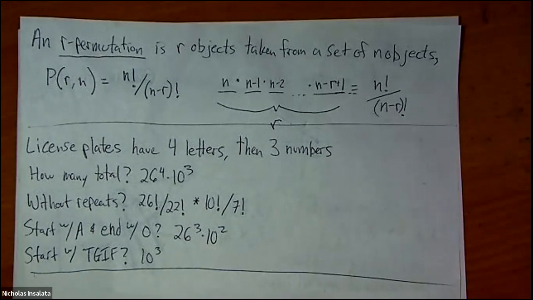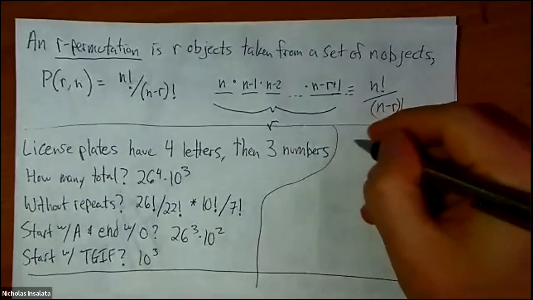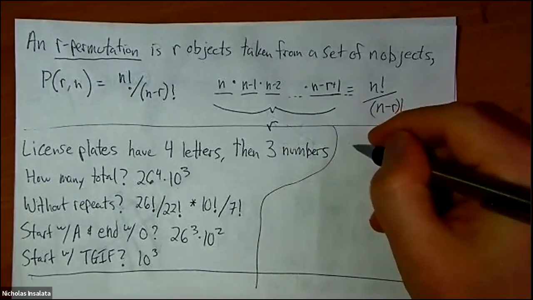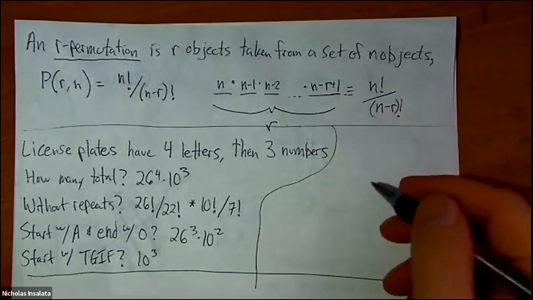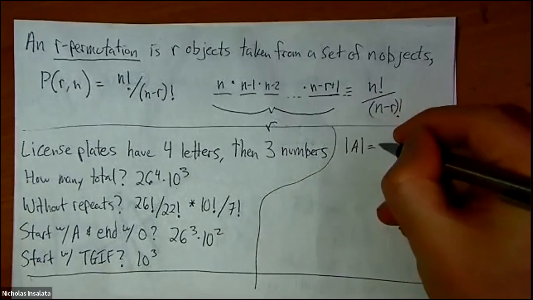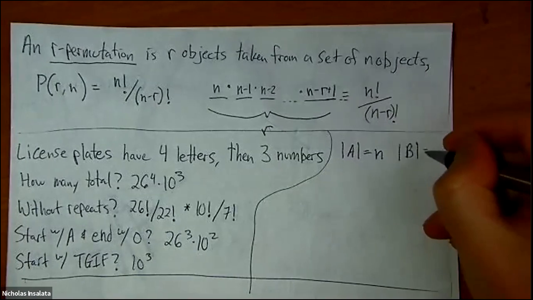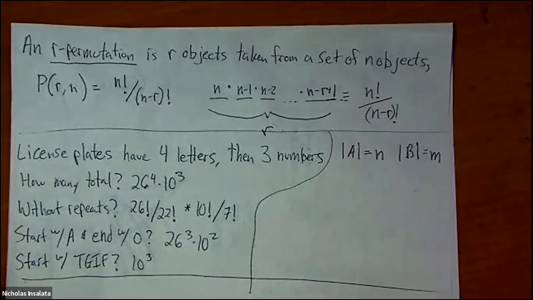All right, so this one's going to be interesting. We have set A. The size of a set A equals n, and the size of a set B equals m. Okay.